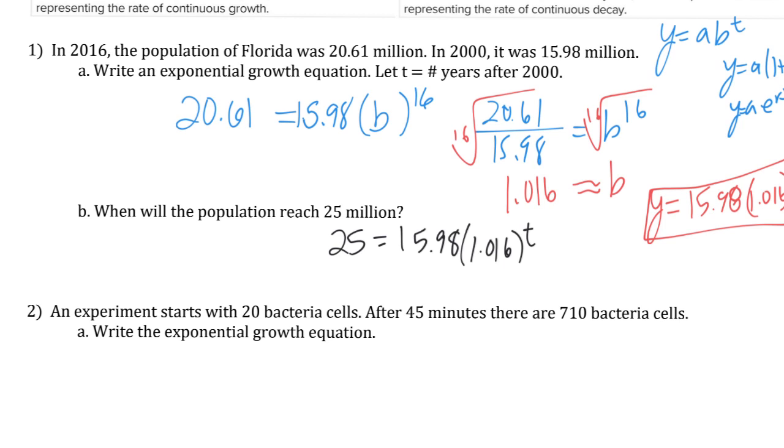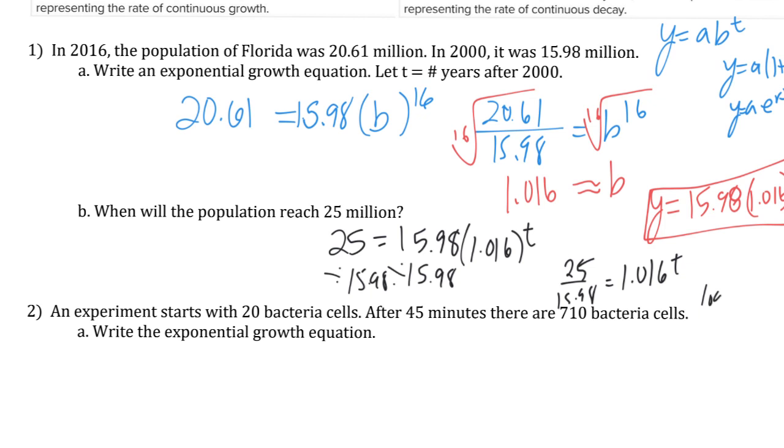Yes, graphing it will give the result as well, if you graph both sides and see where they cross. Another option, and in this chapter, is to solve it using logarithms, or solve it algebraically. So 25 over 15.98 equals 1.016 to the t. How do you solve it? Change form.